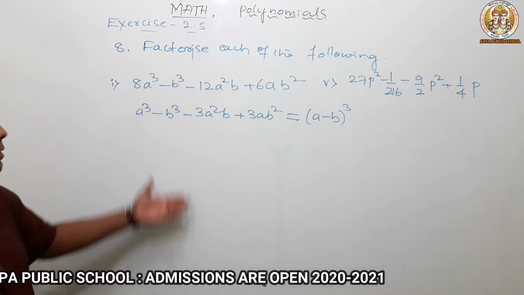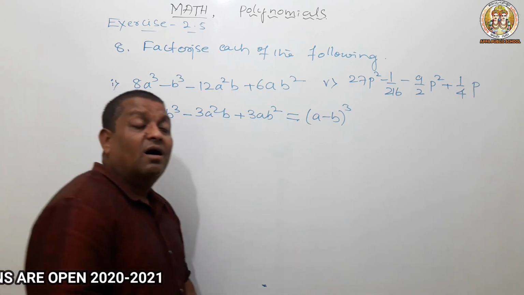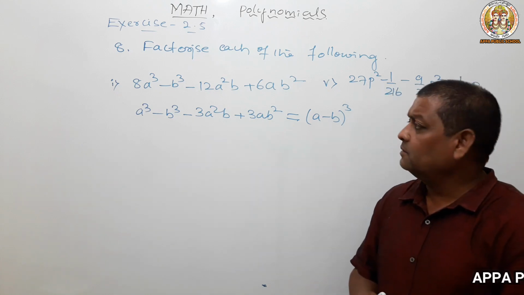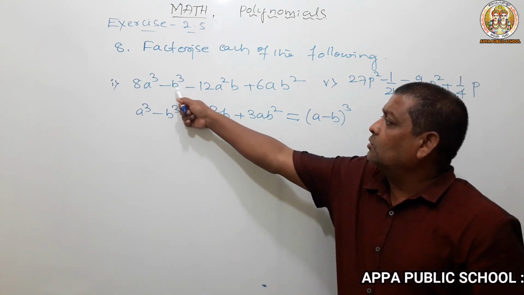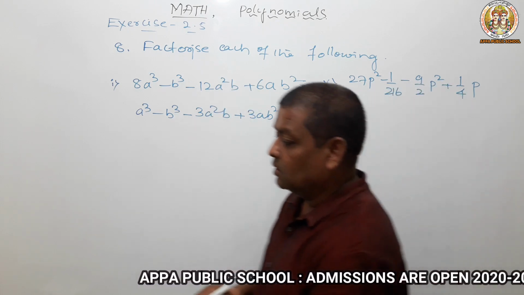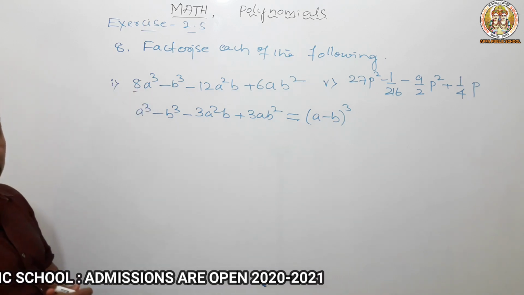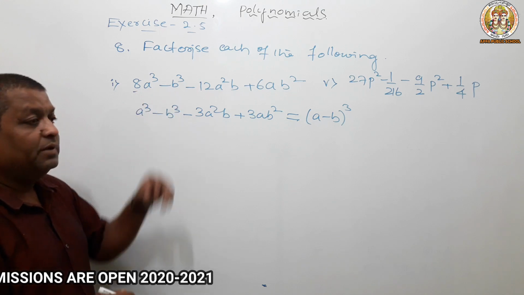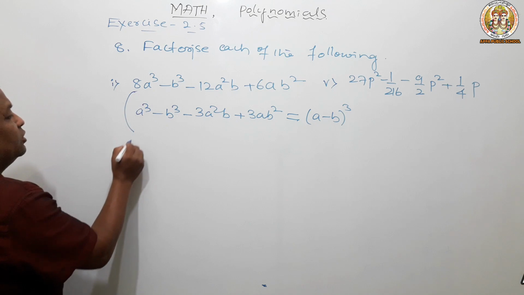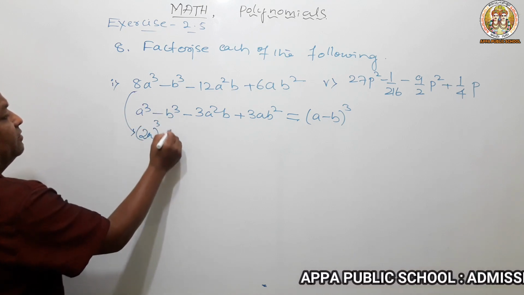Because of the cubic formula, we can apply it from RHS to LHS. What is the next step? We need to convert this question into the formula type. Then only we can apply the formula, otherwise no. How? You see, 8 is definitely a perfect cube, and b cube is definitely a perfect cube. Convert it into cubic form: 2a cube minus b cube.